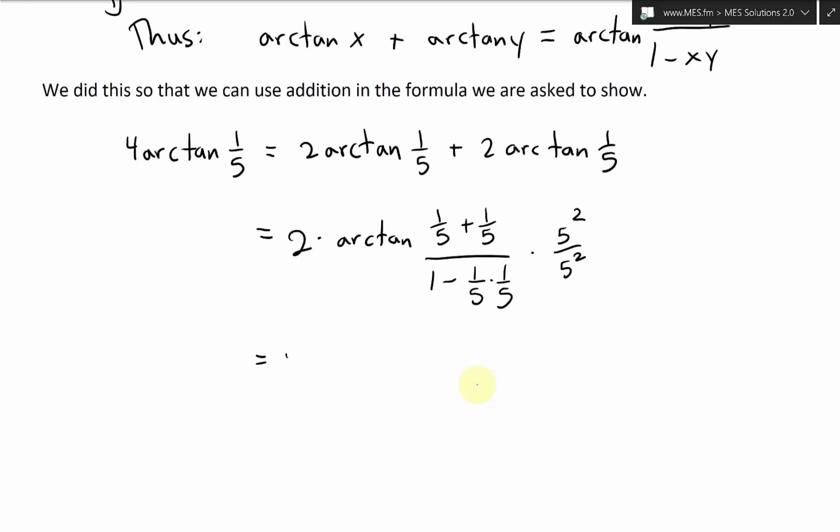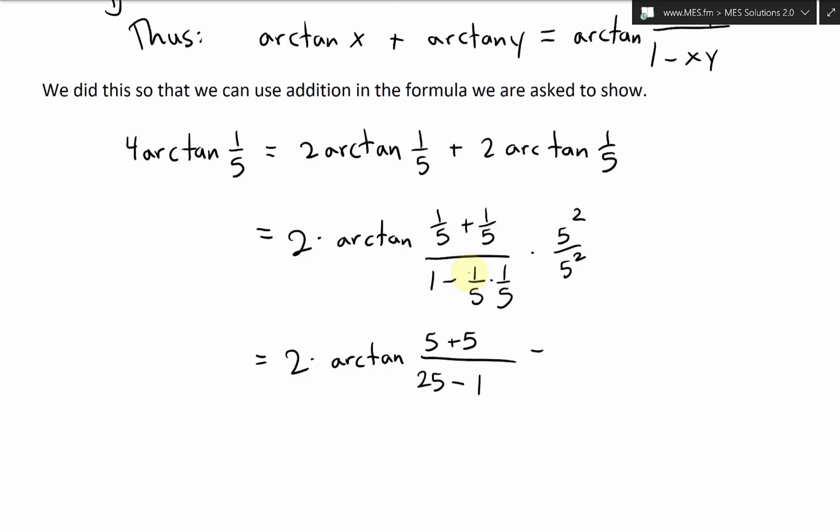So this equals 2 times arctan, like this. And then 1 over 5 times 5 squared just gets 5 plus 5, like this. And then the bottom becomes 25, which is just 5 squared, 5 times 5, and then minus, this all just cancels, becomes a minus 1.